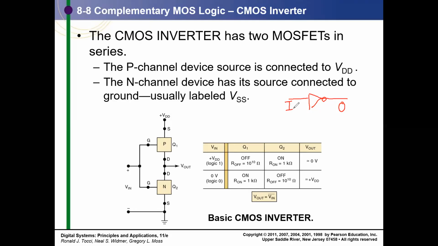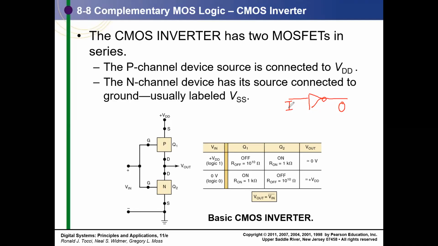The input is written as the voltage on the input, so a logic 1 corresponds to VDD and logic 0 corresponds to 0 volt. Q1 is the P transistor and Q2 is the N transistor, corresponding to the networks.